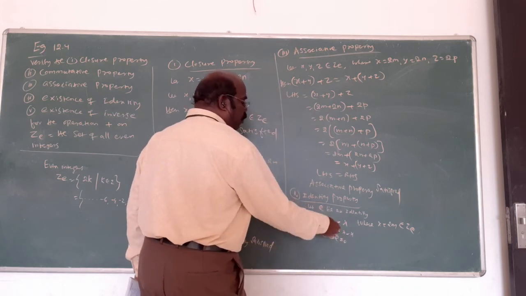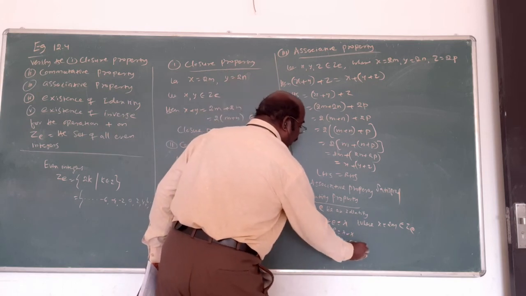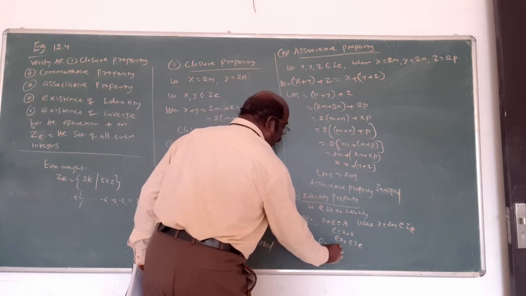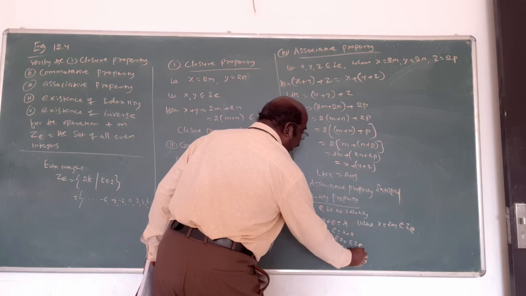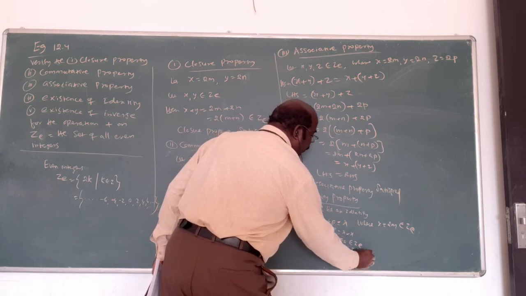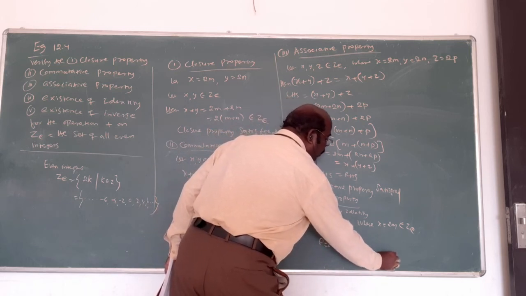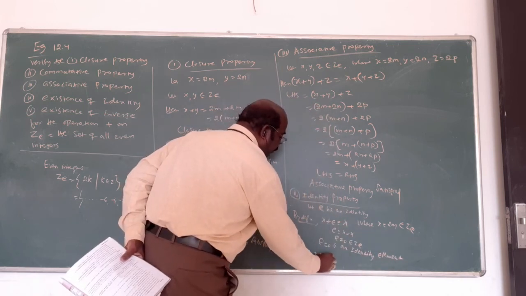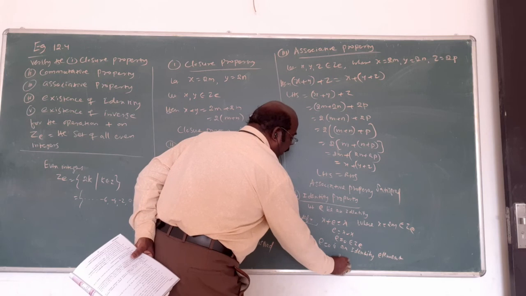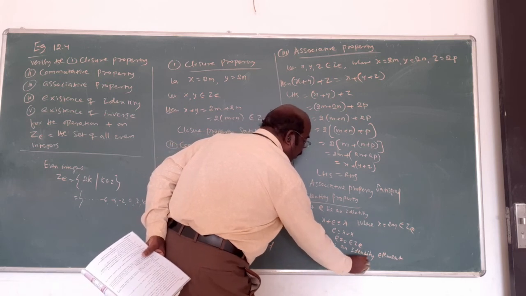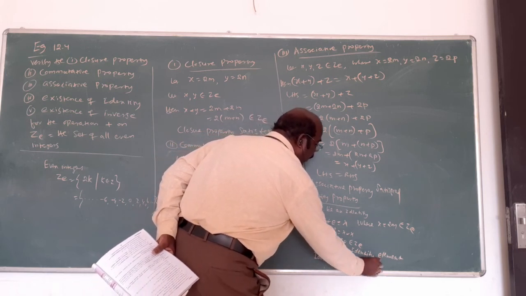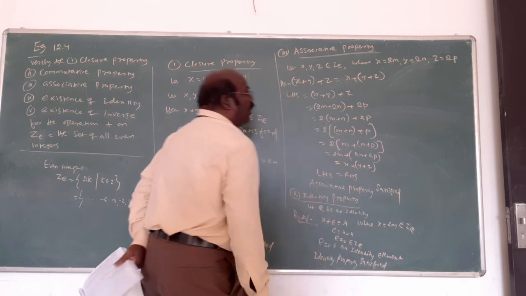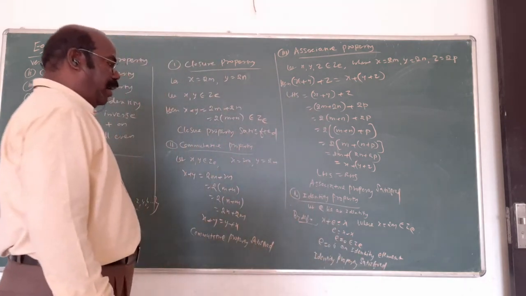Therefore, 0 also belongs to E. That's why e equals 0 is the identity element. That's why identity property satisfied.